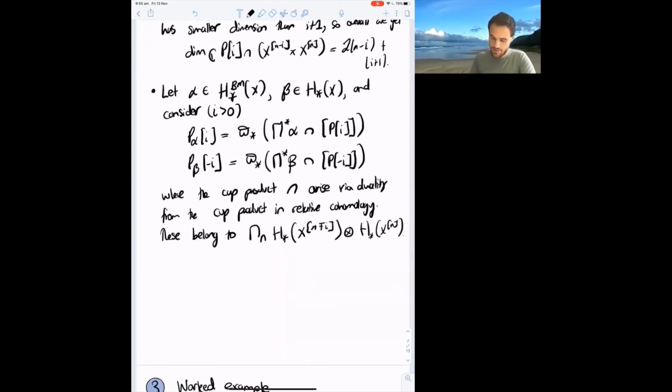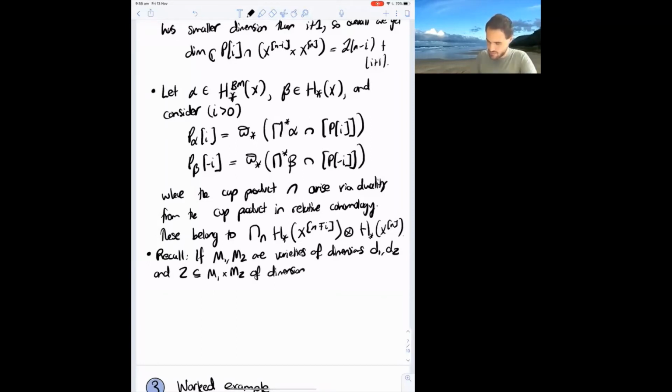So let me recall what Anthony talked about last time. If M1 and M2 are varieties of dimensions D1 and D2, and Z is inside of M1 times M2 of dimension D, so we have these two projections, say, to M1 and M2.